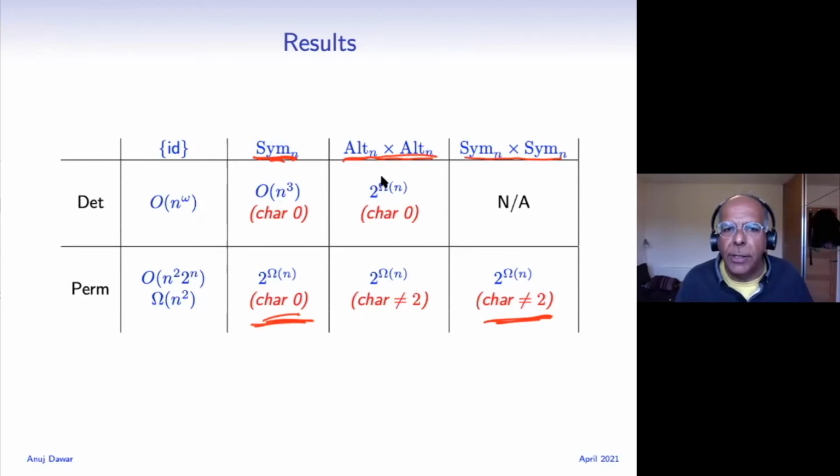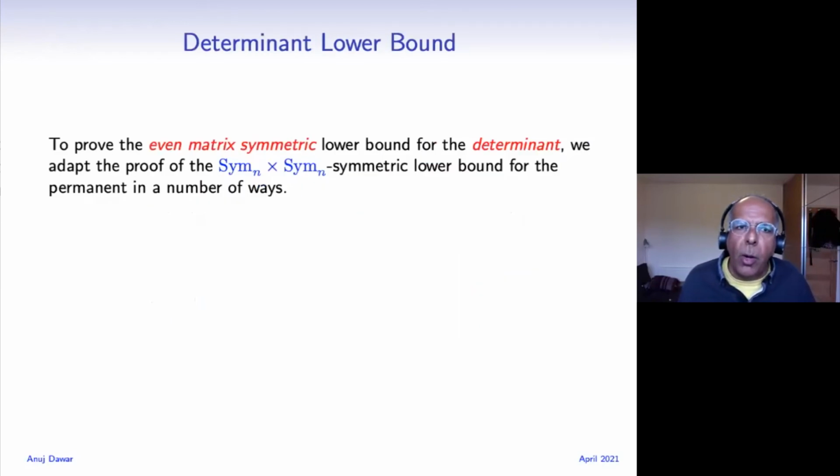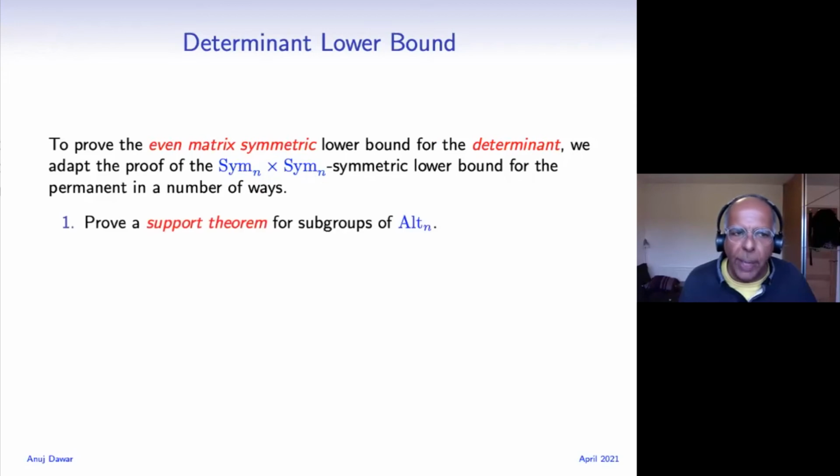I just want to give you the idea involved here. We're trying to prove a lower bound on the determinant under what I call the even symmetries action. And we adapt the proof from the Sym-n by Sym-n symmetric lower bound for the permanent in a number of ways. First of all, we adapt the support theorem to give us this for subgroups of Alt-n rather than Sym-n.